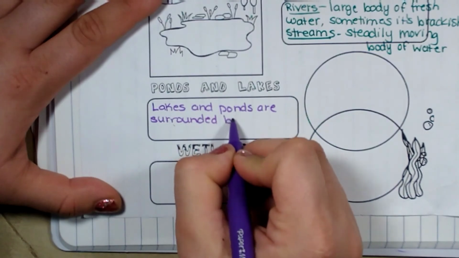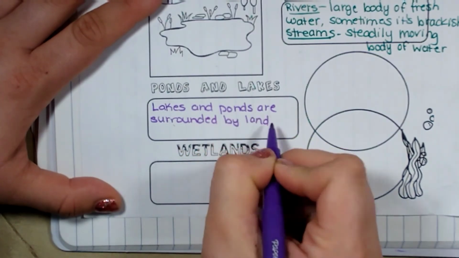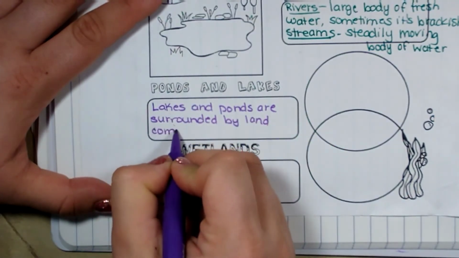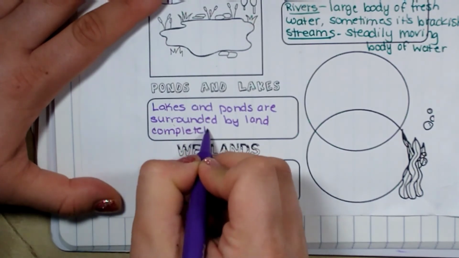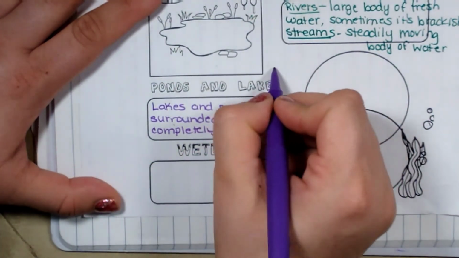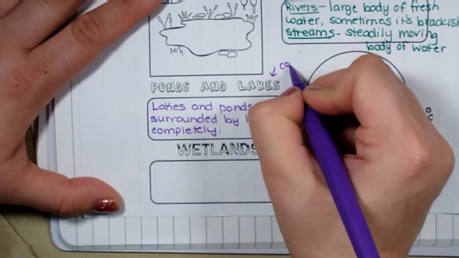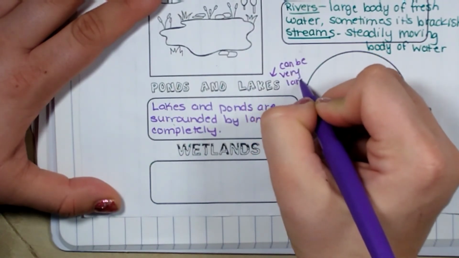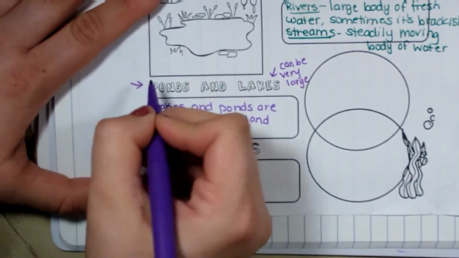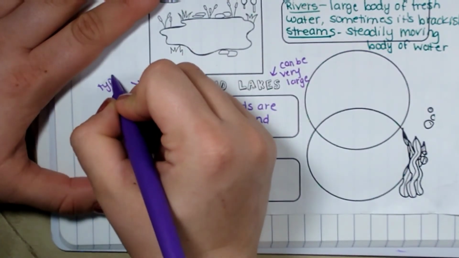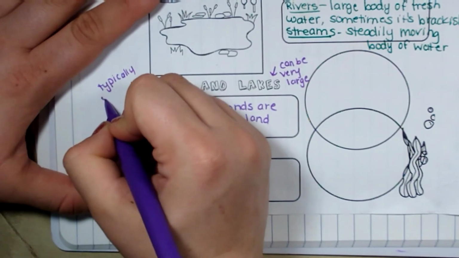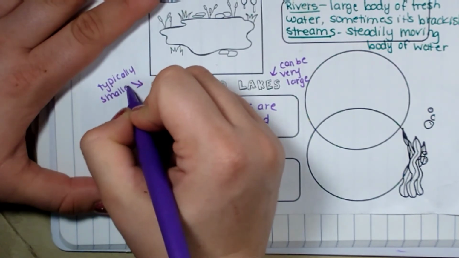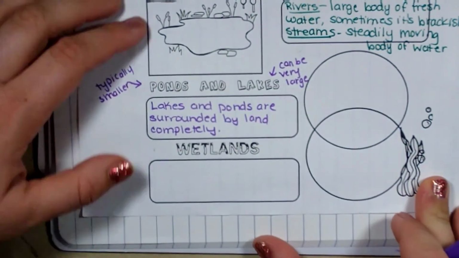So they're surrounded by land completely. Lakes can be very large. Ponds are typically smaller. Okay.